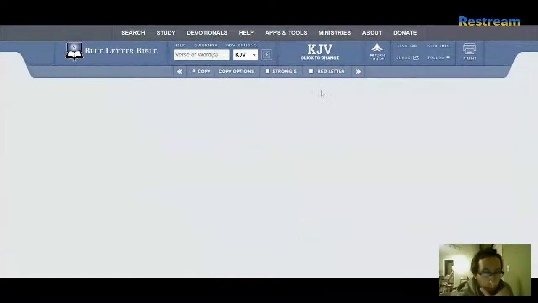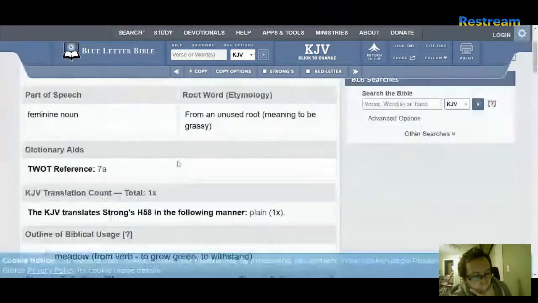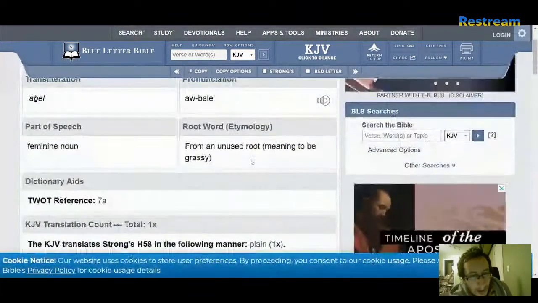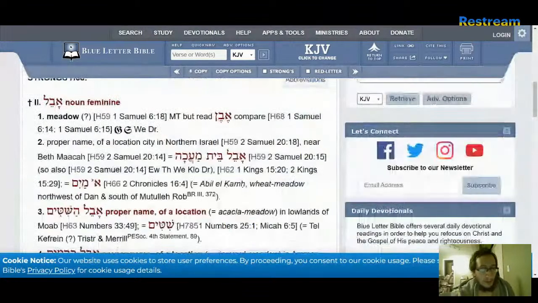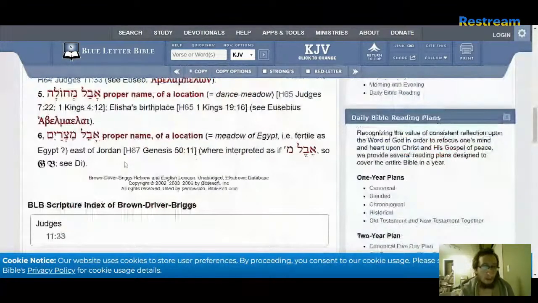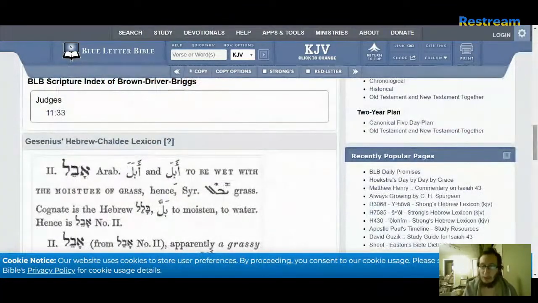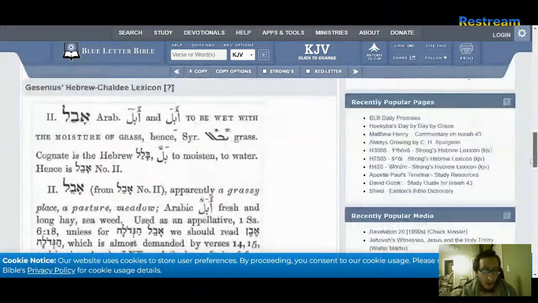Now, interestingly, this can also mean meadow. From an unused root meaning to be grassy, it can mean meadow. So what's very interesting is that the Bible actually gets something wrong by the etymology of it.